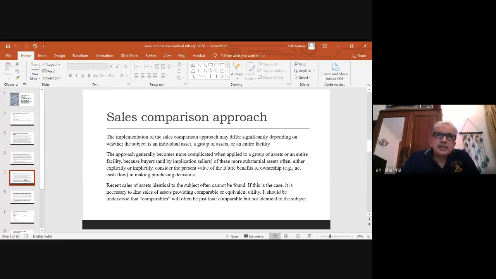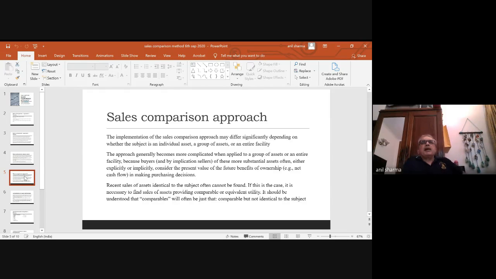So this can be applied to either a group of assets or specialized assets, but generally it is very difficult to apply it to specialized assets. Like, as I told you, for example, power plants or process plants, those may have a very great number of differences which may not be possible for you to adjust. So that will make the comparison difficult.